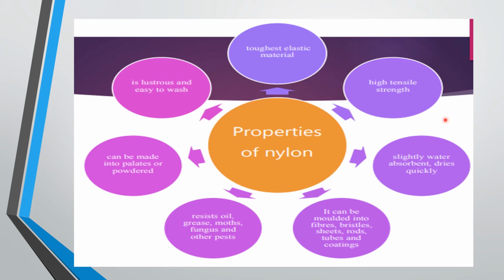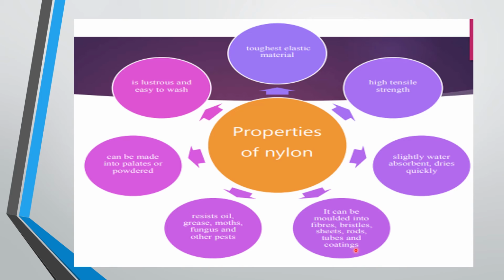And hence we say it has a high tensile strength, and it is slightly water absorbent and dries quickly. As we saw in the previous slide, nylon does not absorb water to a great extent, and hence drying of nylon can be done very easily, and it can be molded into fibers, bristles, sheets, rods, tubes and coatings.